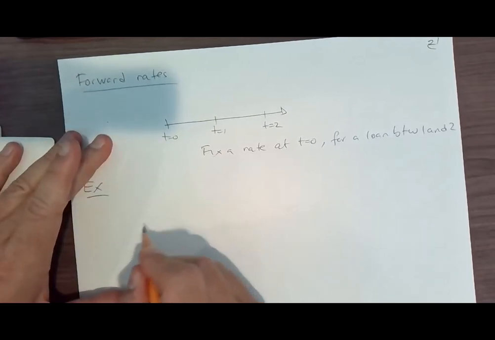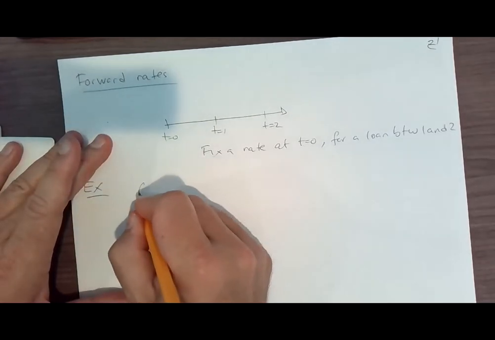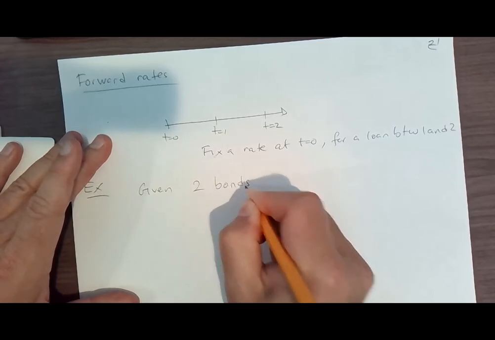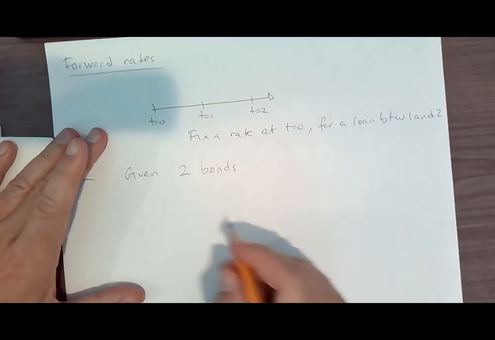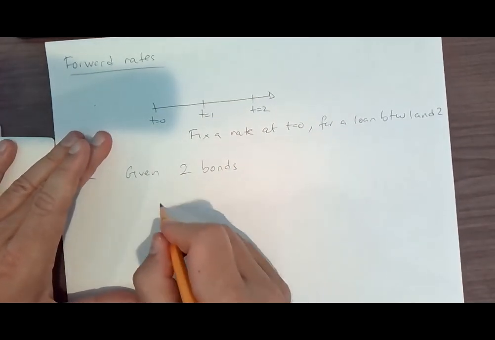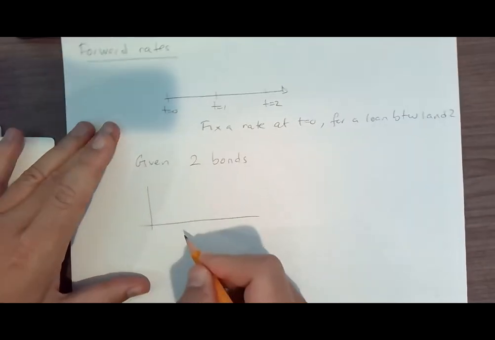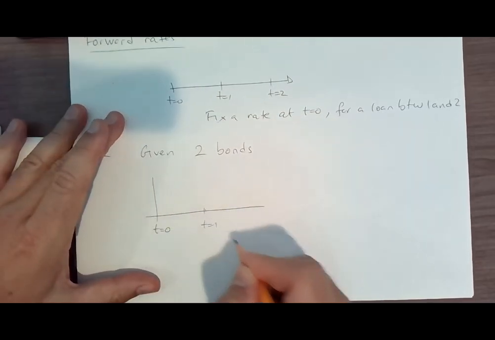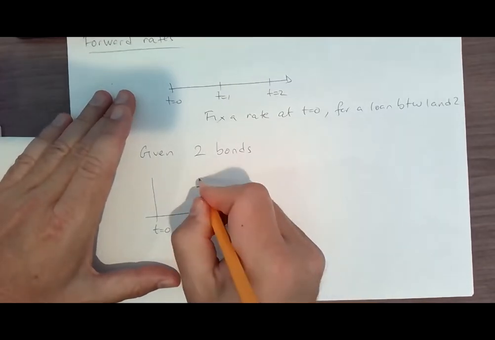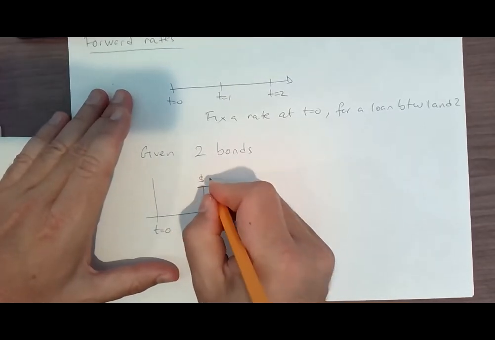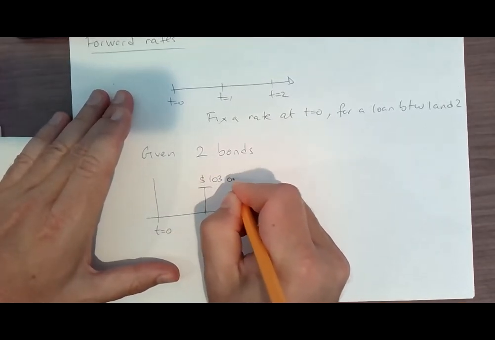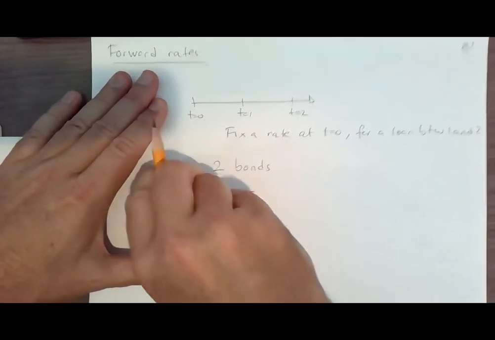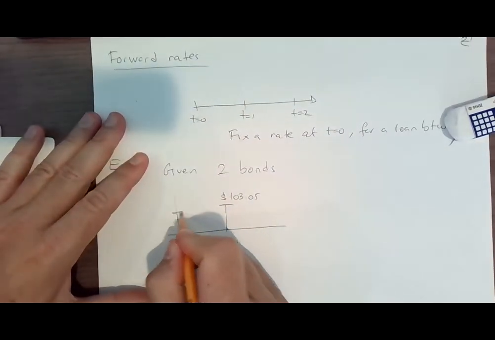Say you're given 2 bonds, risk-free, issued by the US Treasury. You have the payoff at time 1: you're getting 103.05, and this gives you back 100 at time 0.